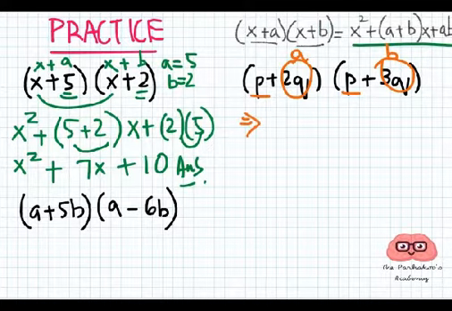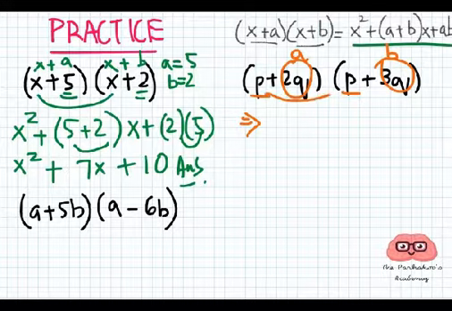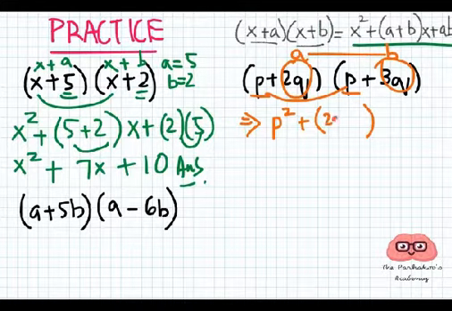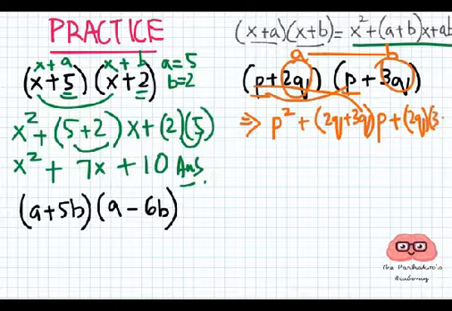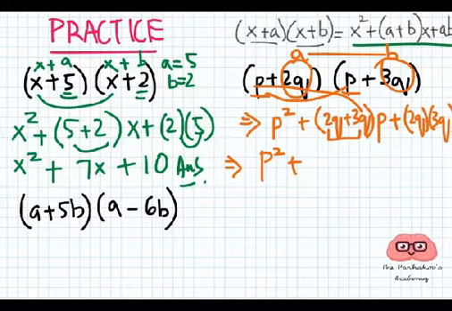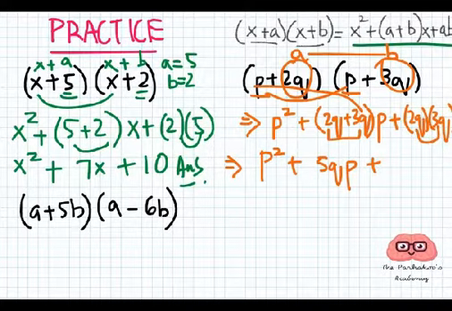The shorter way of solving it is squaring the first term, adding the second terms, so 2q plus 3q times the first term, then taking the product of the second terms of both the expressions. So let's simplify. P squared plus 5q p plus 3 into 2 is 6 q squared.